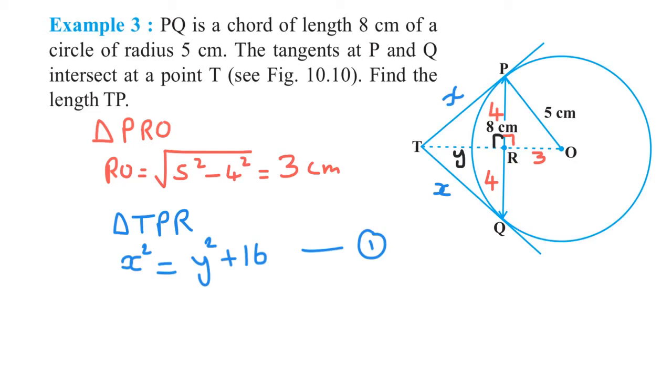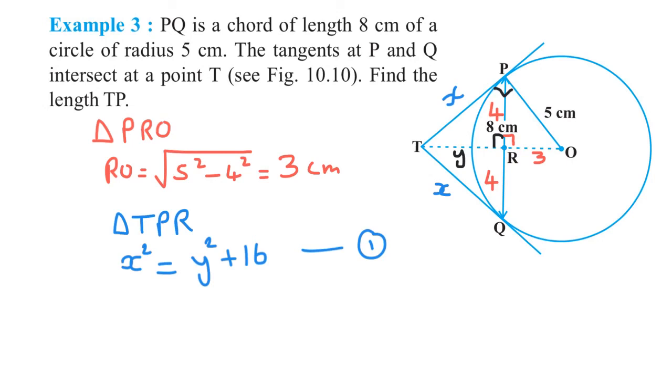Now let's come to the triangle TPO, the complete triangle TPO. OP is the radius to the tangent. Can you guess what this angle is? It's going to be 90 degrees. So TPO again happens to be a right angle triangle where we can apply the Pythagoras theorem.